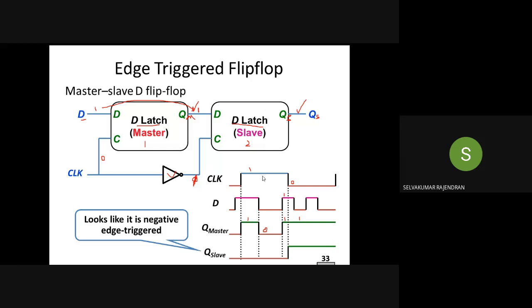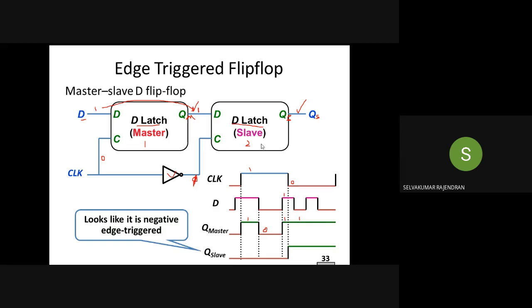For clock 1, the slave stage is disabled, so it maintains the previous state. When the clock goes to 0, the slave stage is enabled by this NOT gate, so the output of Q slave is logic 1.